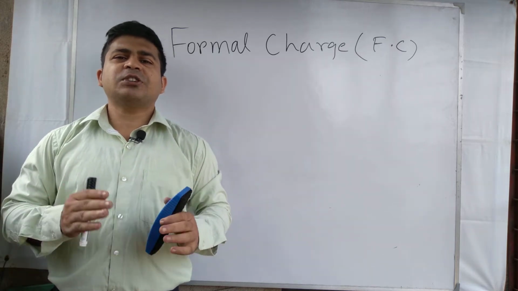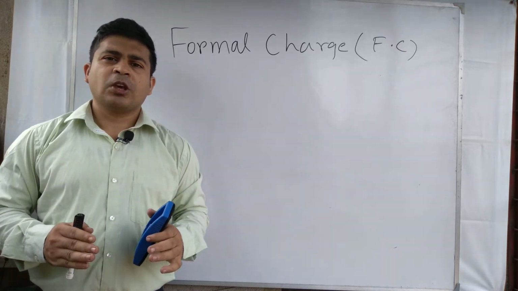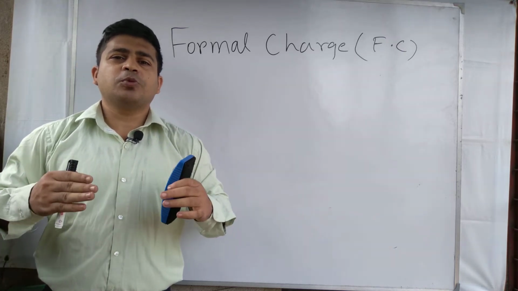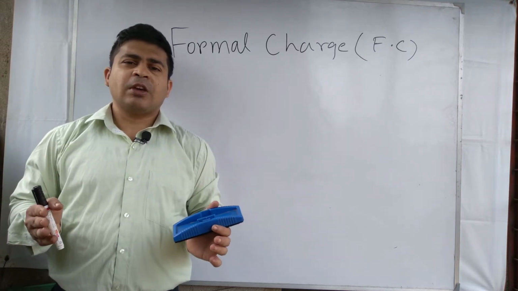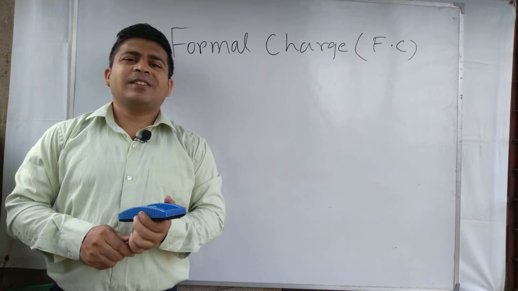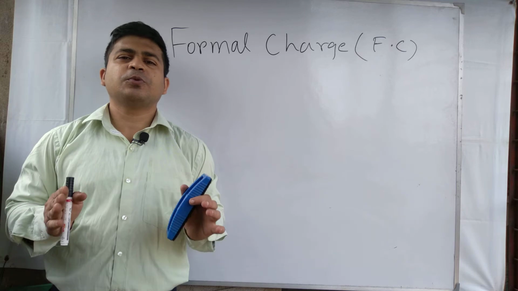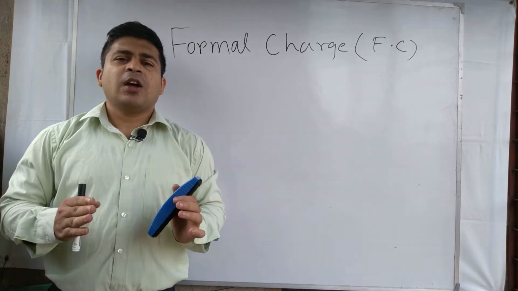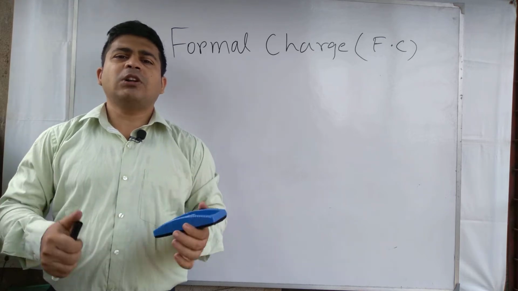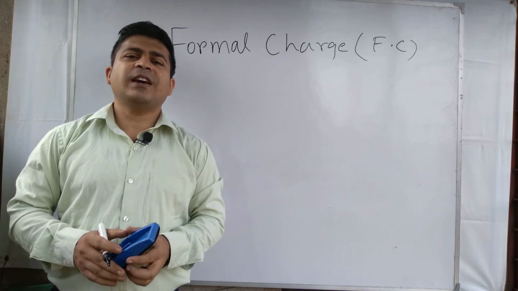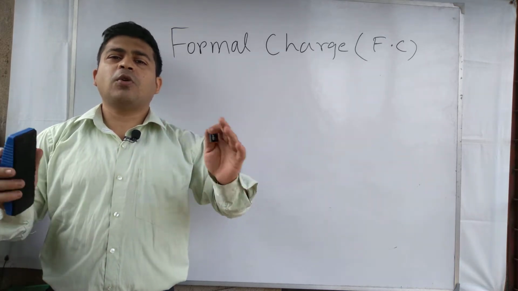At first we have to understand why we calculate formal charge. We need the calculation of formal charge for various purposes, to explain some points. For ions or molecules, the charge is present on the whole ion as a whole.